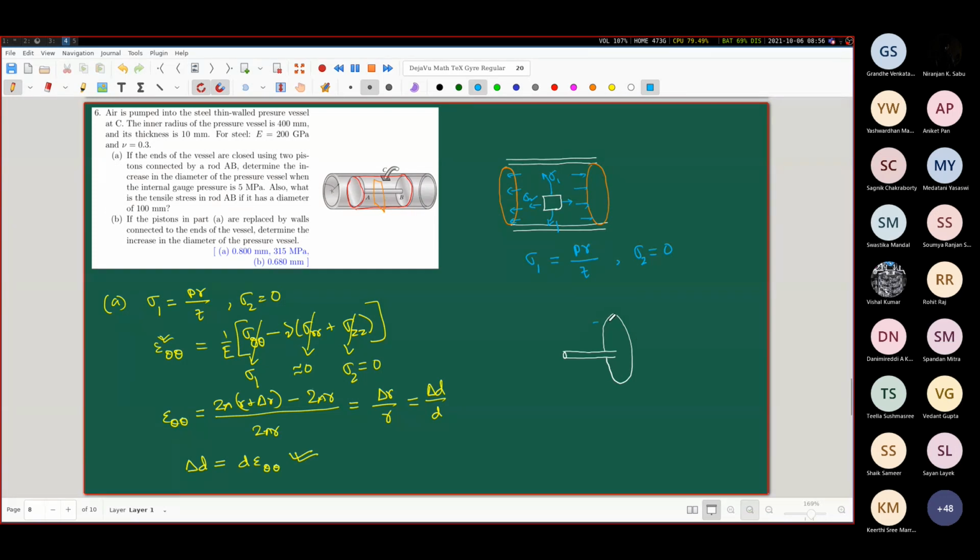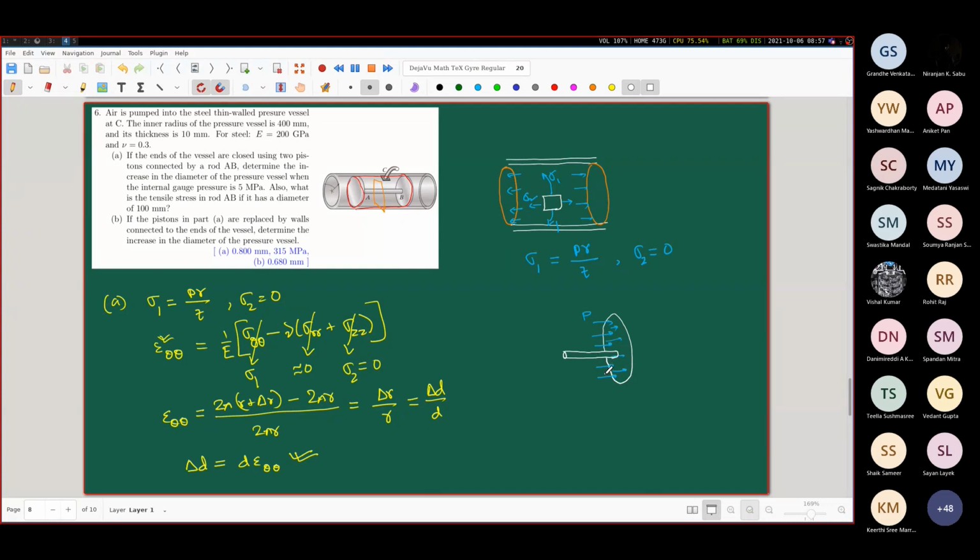The fluid pressure is acting like this. This is the pressure P. This entire inner radius is given to us. The diameter of this connecting rod is also given to us.